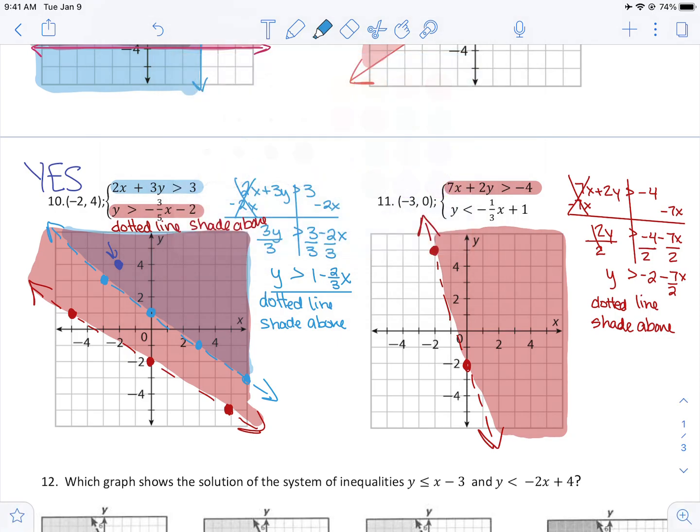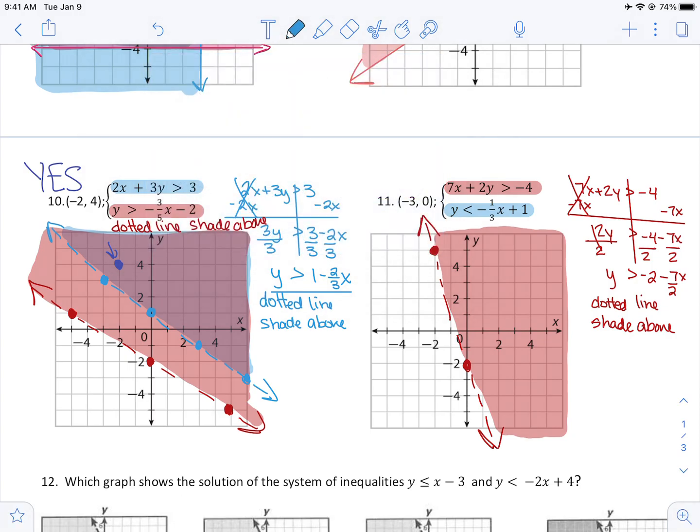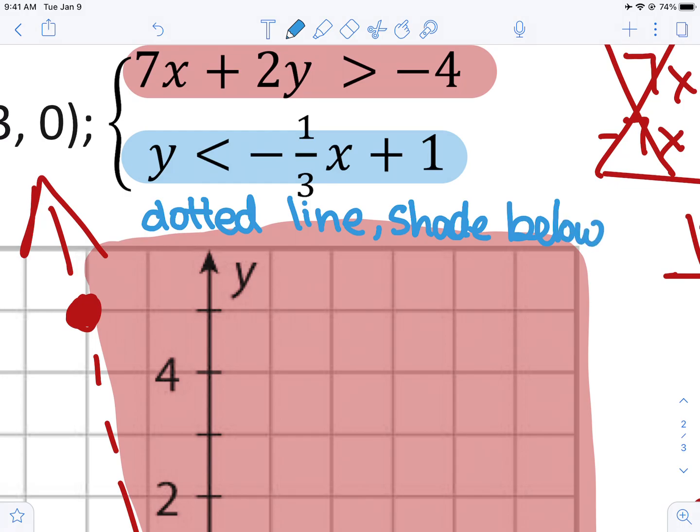Looking at the second one, it's already ready for us to type in, but I'm going to go ahead and determine the type of line. So it is going to be another dotted line. And it's opening away, so we're going to shade below. So I'm going to type it into my calculator to get the points.